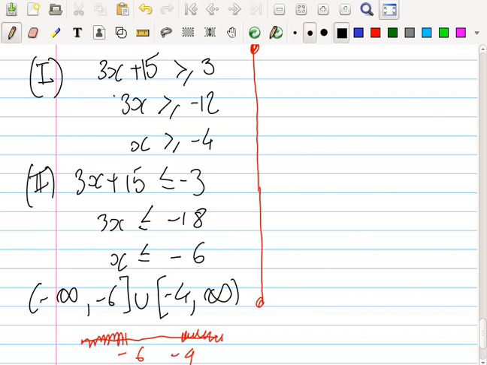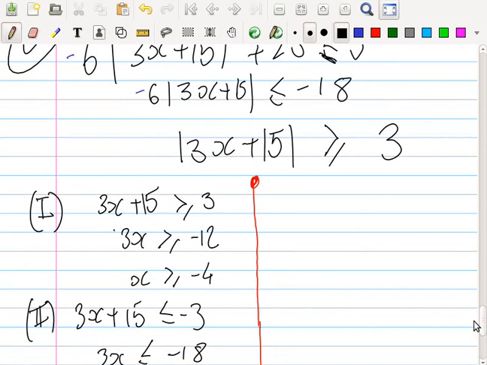Yep, so the second way is you square both sides, so you get 9x squared plus twice the first times the second, 90x, is that right? 6 times 15 is 90, okay, and then 225 greater than or equal to 9. Can somebody square 15 and can somebody do 6 times 15 just to check that that's right? It is 225? Yeah. And it is 90 here, yeah?